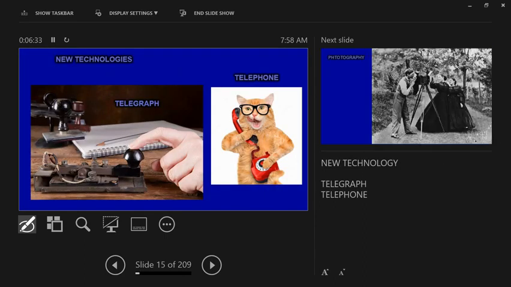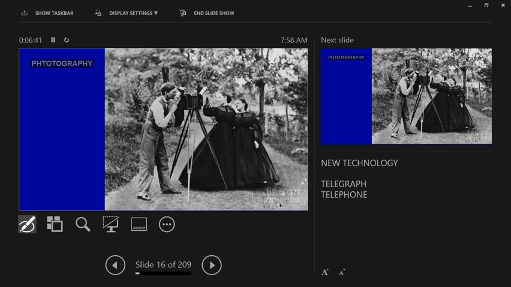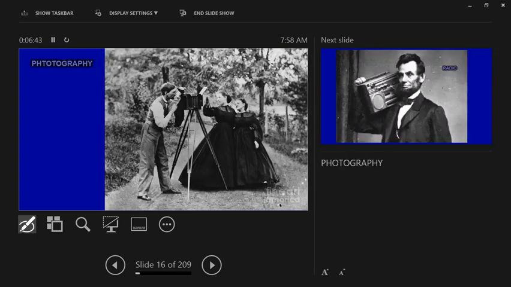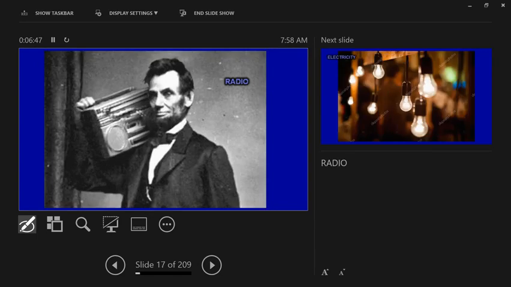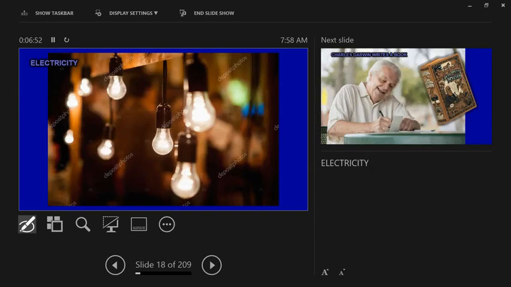New technologies, the telegraph and the telephone help us to have instant communication, and photography lets us take pictures. We have radio now. You can communicate by radio waves, and electricity is a new thing.